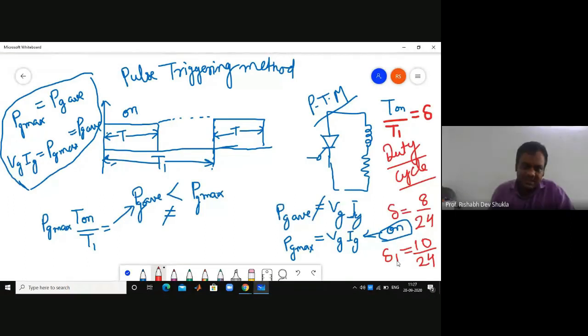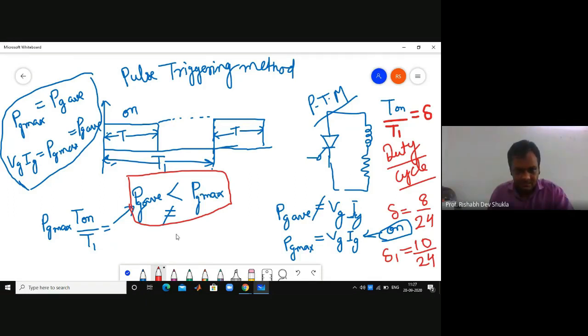So in pulse triggering, two relations are there. First, PG average is never going to be equal to PG max. Rather, PG average is less than PG max. Getting it?